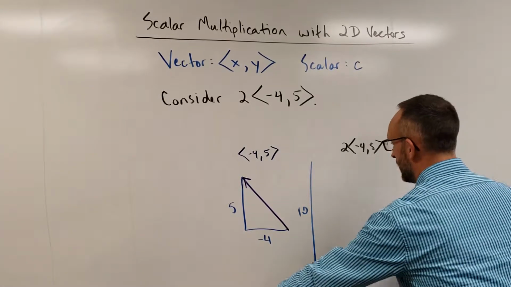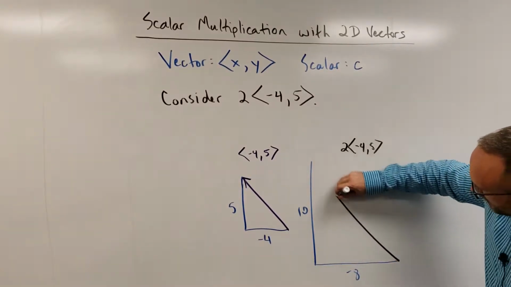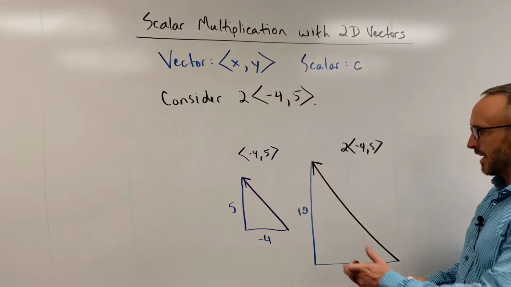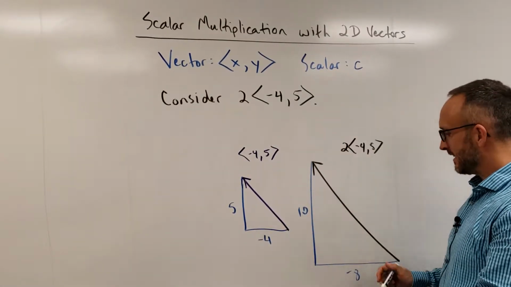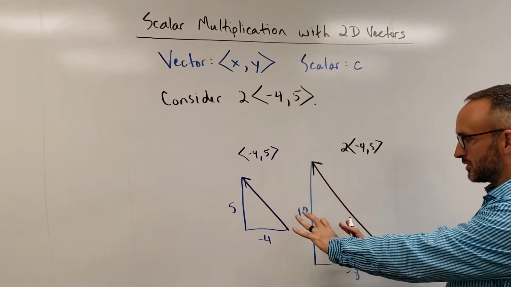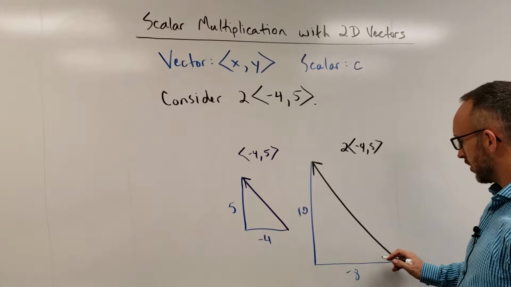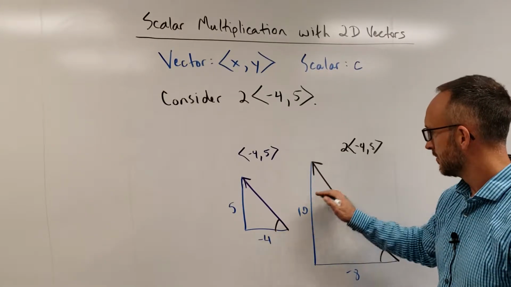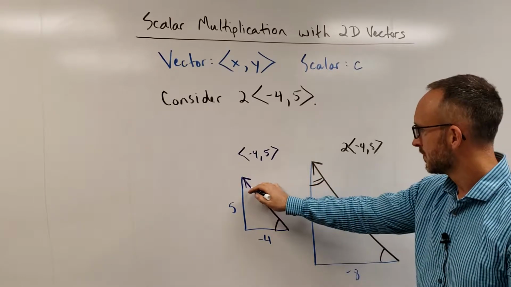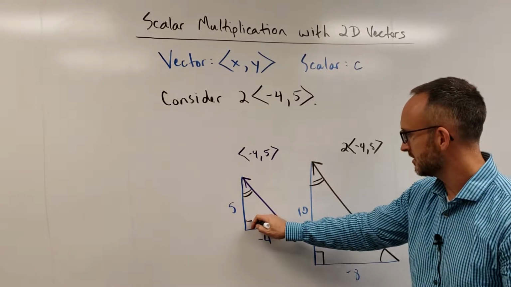And so the vector 2 times -4, 5 is now this vector. They are exactly proportional to each other. The triangles all have the same 3 angles, so they're similar triangles. So all the angles match, right? So we could indicate that like this, maybe, showing congruent angles. And of course, this is a right angle in both cases.